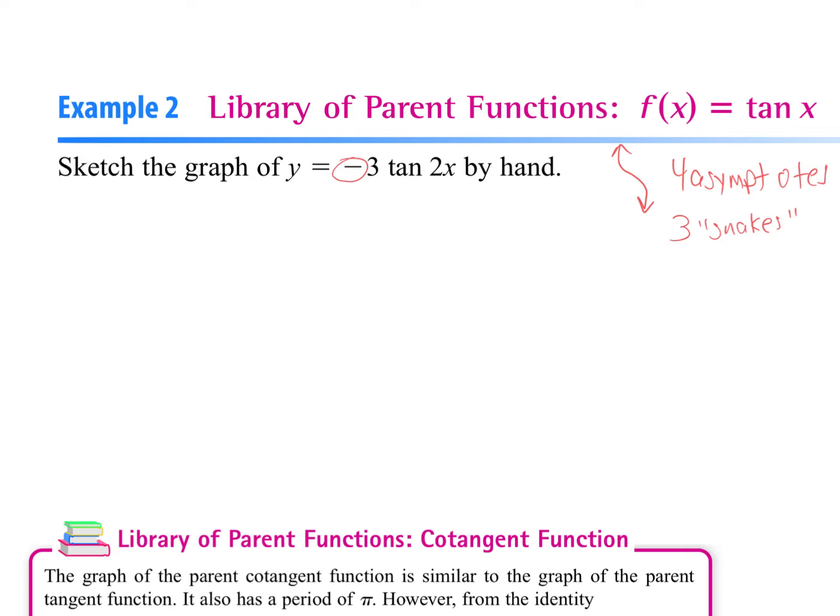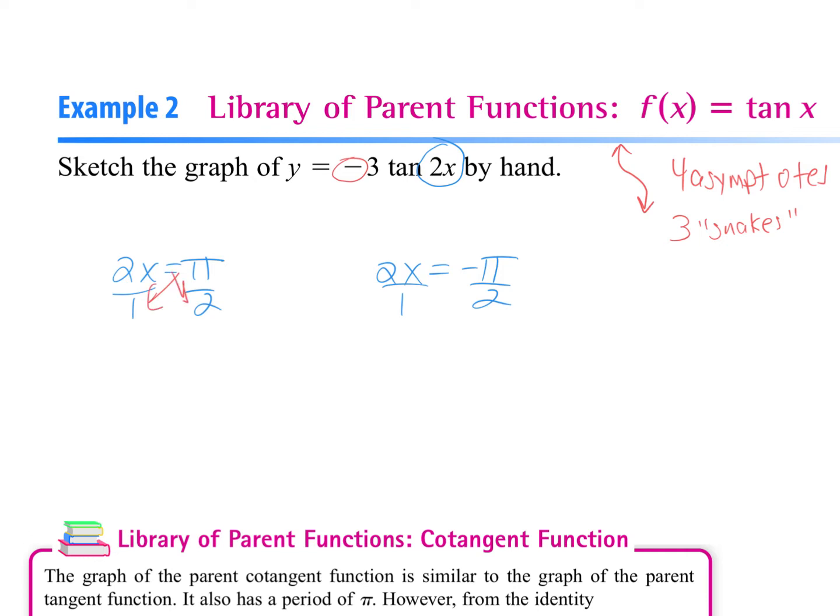That's it. But how do I find my asymptotes? Where do I figure out where to put my boundary lines? I take what's with x, correct? And I say, okay, fine, 2x equals positive pi over 2. And 2x equals what? Negative pi over 2. Perfect. So again, can I put this over 1? All right. If I have a fraction equal to a fraction, how do I solve it?